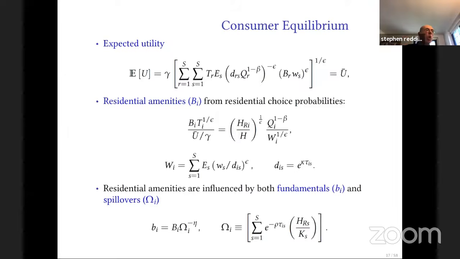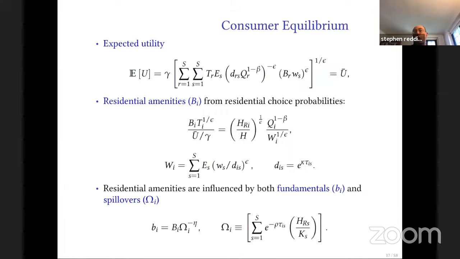Well, let's imagine one particular pair of workplace and residence is much more attractive than any of the others. It offers a higher wage at the workplace and it has better amenities at the residence. You think that would raise utility for that particular pair, and that's true. But what is also going to happen? Well, if this pair is so attractive in terms of its fundamentals, it's going to attract workers who draw worse idiosyncratic draws for that particular pair.